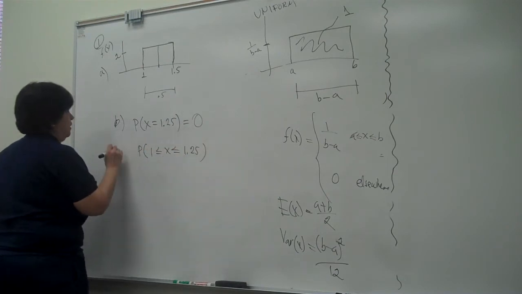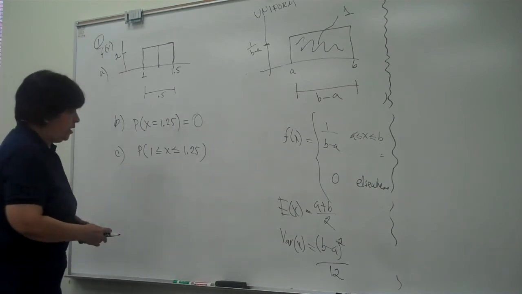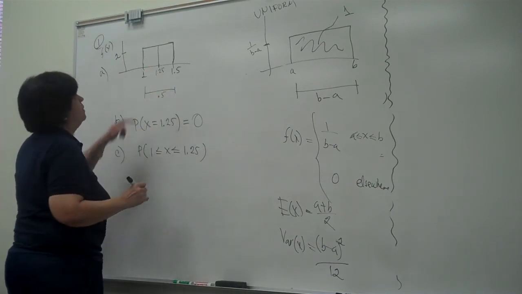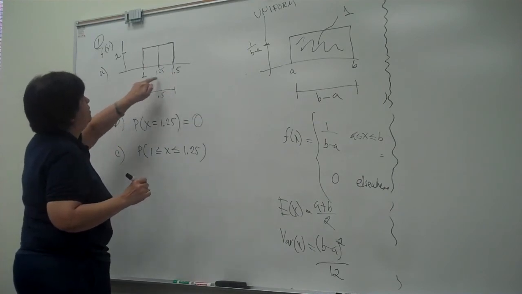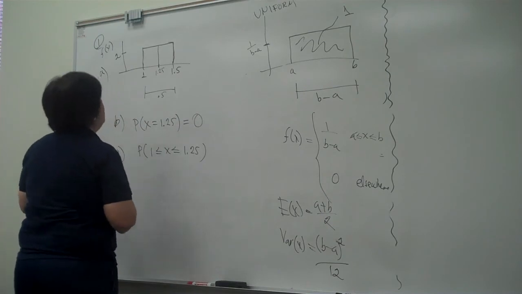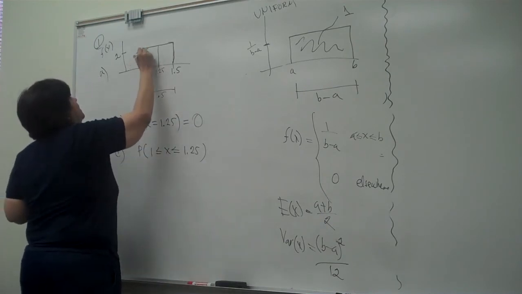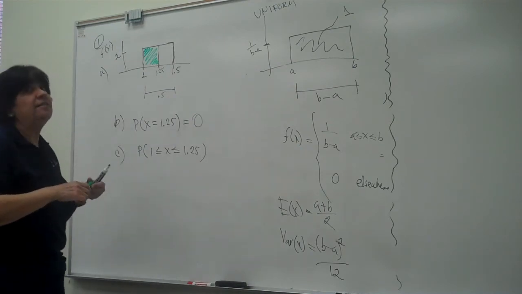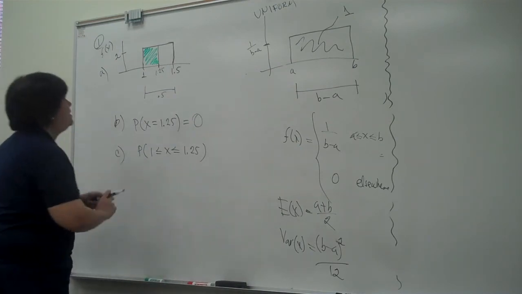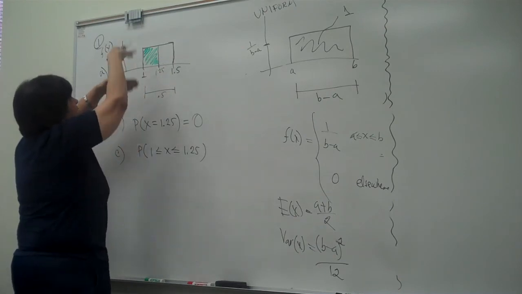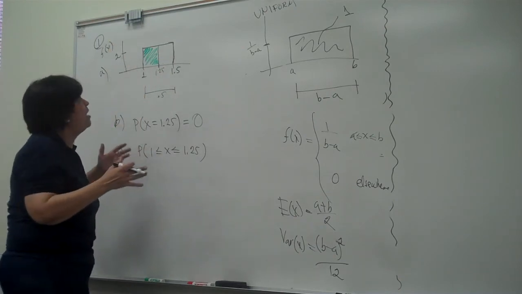This is C. So they want us to know this is 1.25 because this is 1.5. And from 1 to 1.25, we have to know what this area over here is, and that is the answer. What is the length and the height of this rectangle?